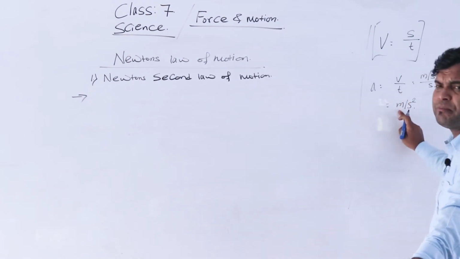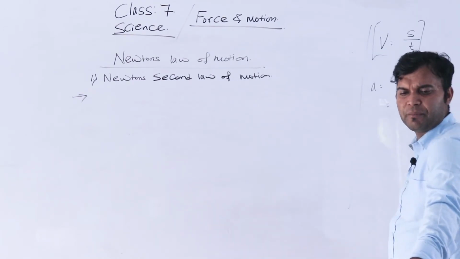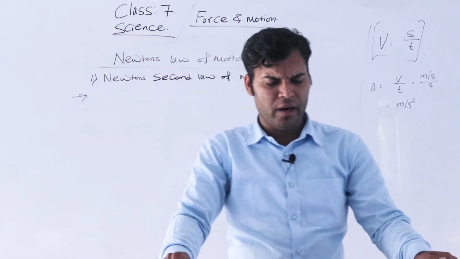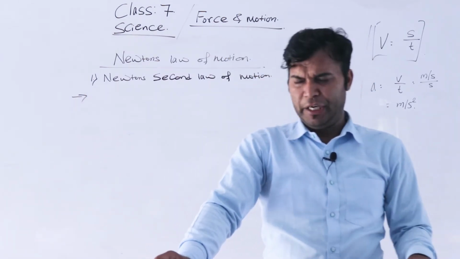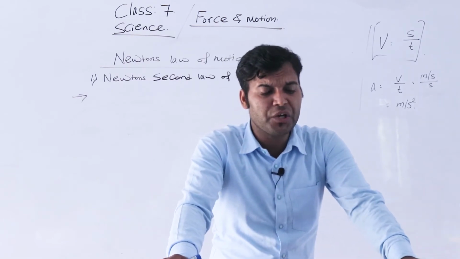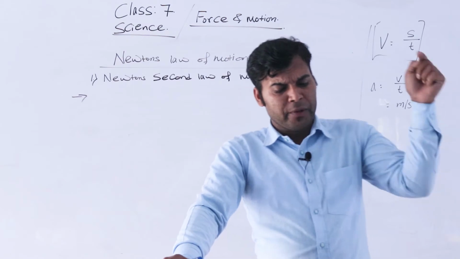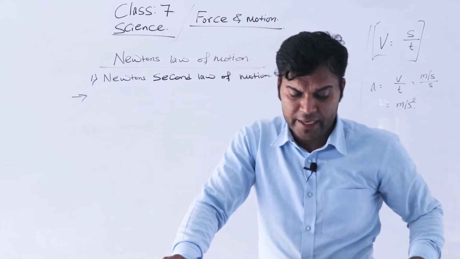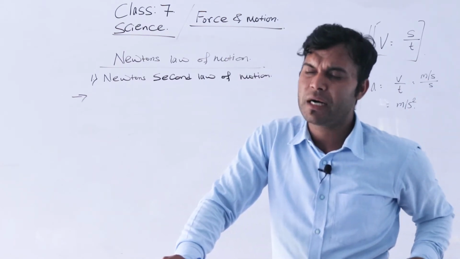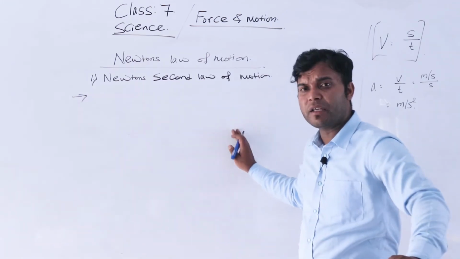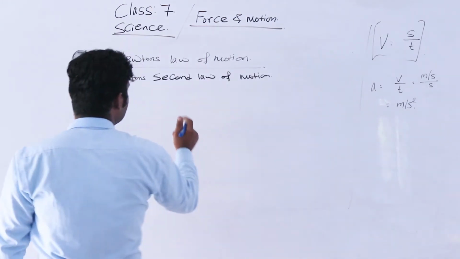Its unit is meter per second square. The acceleration produced on a body by a force is directly proportional to the applied force and inversely proportional to the mass of that body. Isn't it?